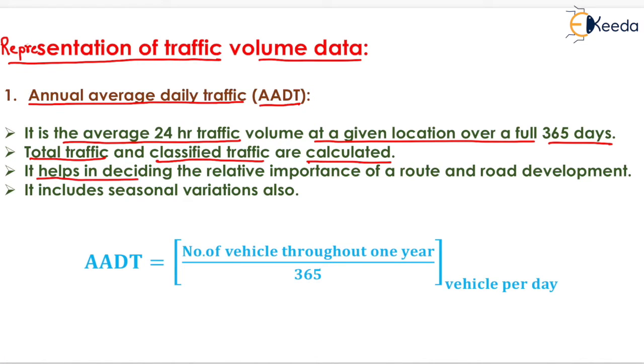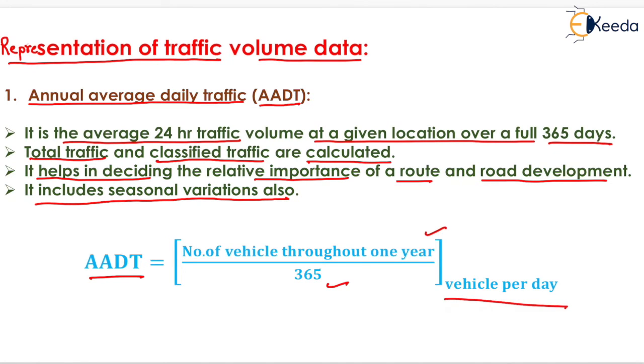It helps in deciding the relative importance of a route and road development, and it includes seasonal variation also. Now it can be computed by dividing the number of vehicles throughout 1 year by 365, and we will get the AADT in terms of vehicles per day.